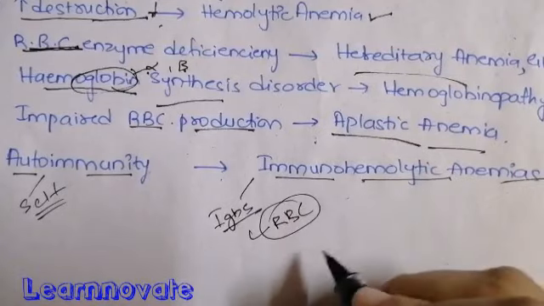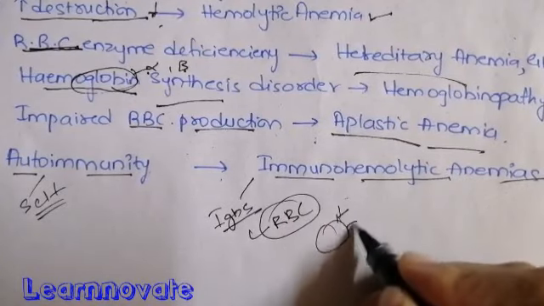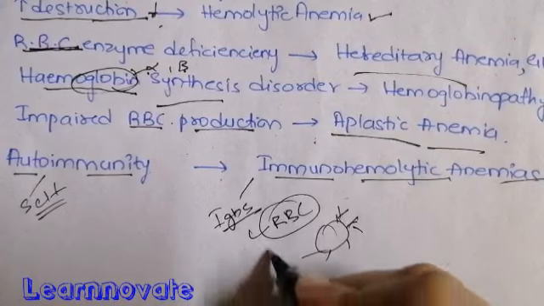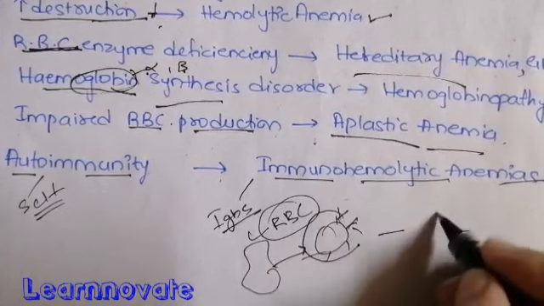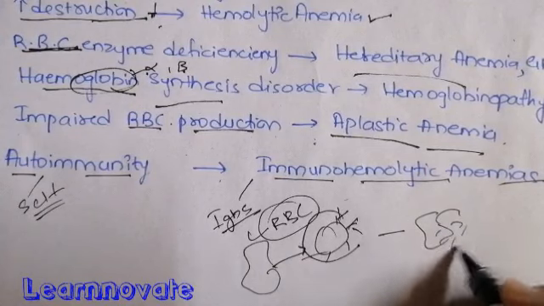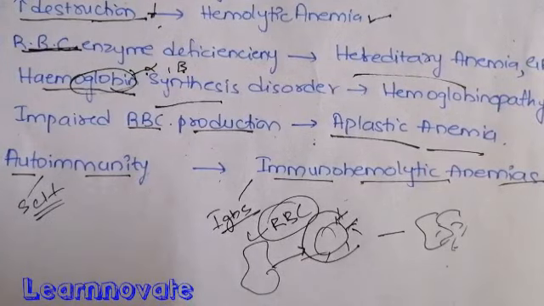The RBC carries these antigens, and when the macrophage comes, it will opsonize this RBC and break it up, and there will be a hemolysis. So what is hemolysis? Hemolysis is simply the breakdown or destruction of RBC in any cause of anemia.